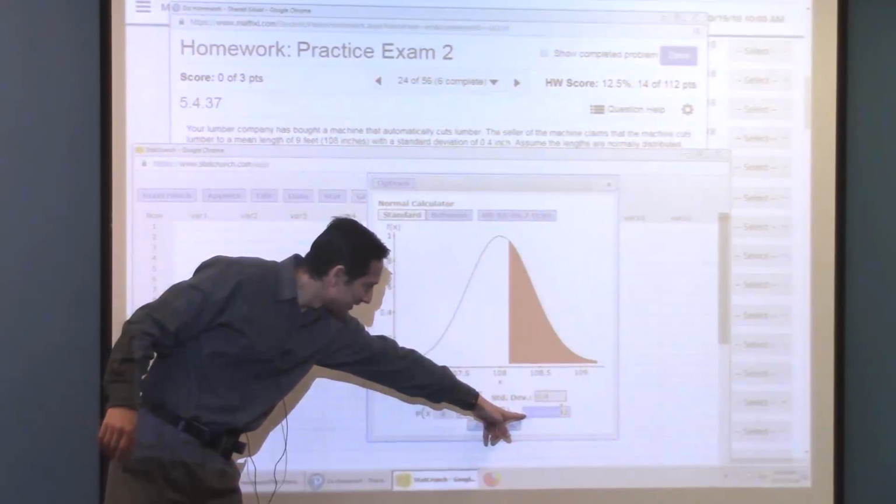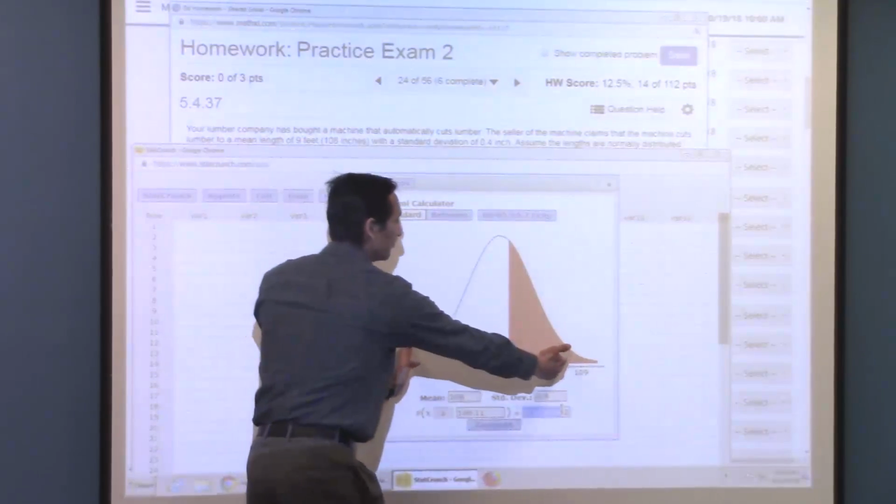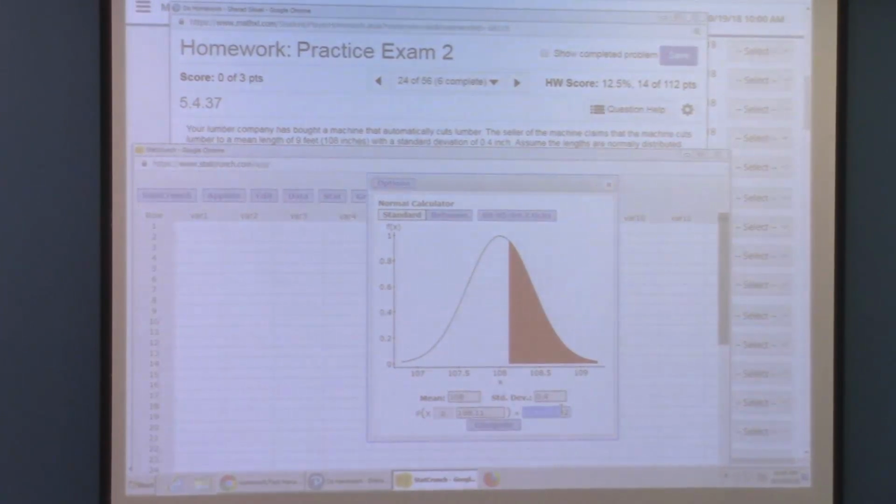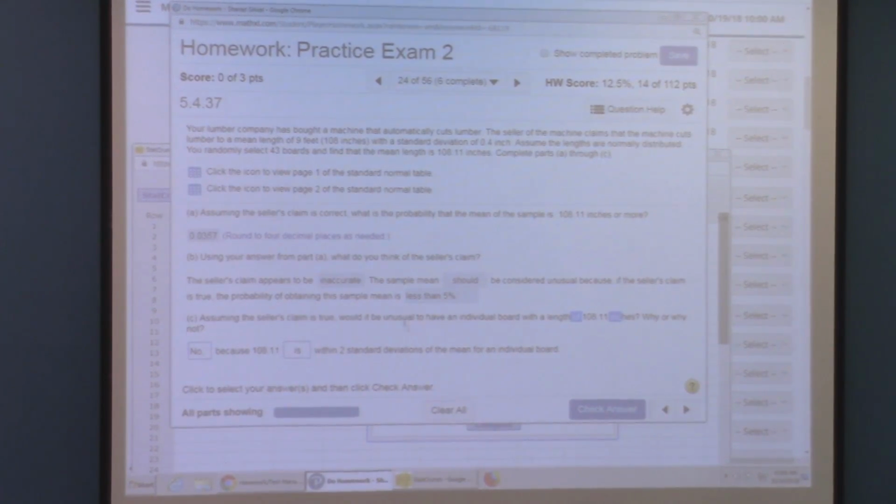Since this probability is high, it's not beyond 2 standard deviations. Beyond 2 standard deviations is the unusual or extreme zone. In this case, it's still in the usual zone. So that's how you answer it: this would not be unusual because it's still within 2 standard deviations. Are you clear about this? Okay.